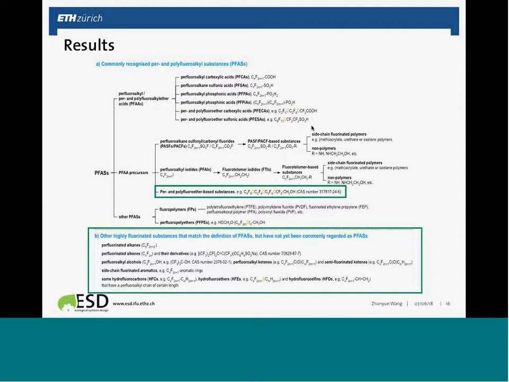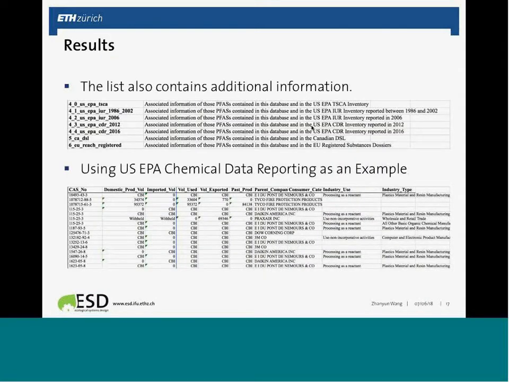And for quite a few substances, as I said before, we also provide the SMILES, which might be helpful for using suspect screening or non-target screening methods to identify new unknown PFASs in different samples. In addition, we also try to provide as much information as possible on some of these PFASs.